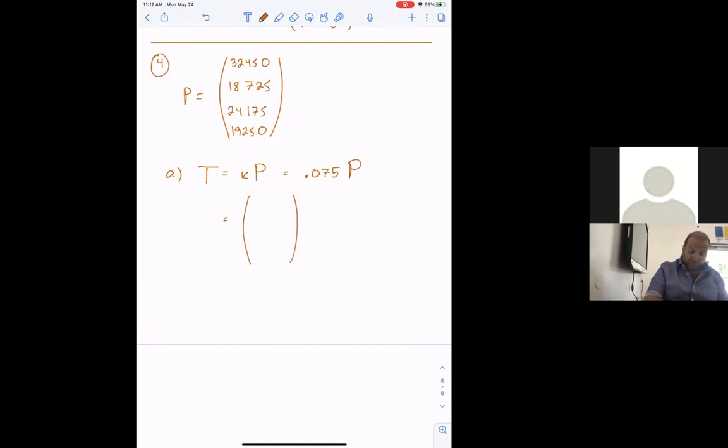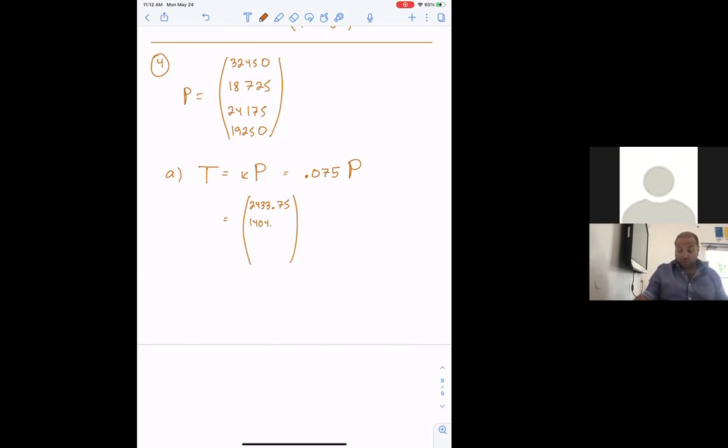0.075 times 32,450 is 2433.75. 0.075 times 18,725 is 1404.375.